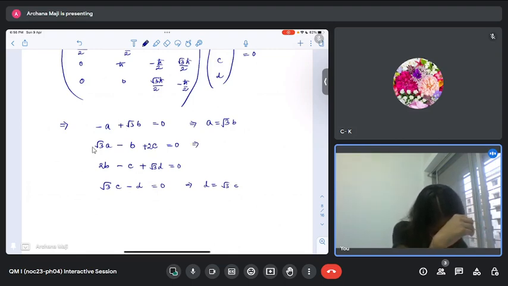Then replace a here, so it becomes 3b minus b plus 2c. So that is 2b plus 2c equal to 0, or b plus c equal to 0. In this equation, if I replace d equal to square root 3c, then we get b plus c equal to 0, the same equation. So basically c equal to minus b.